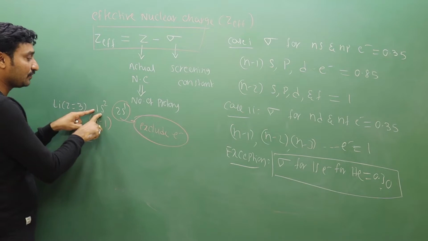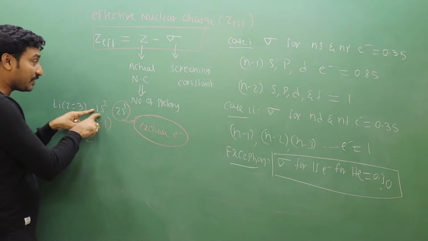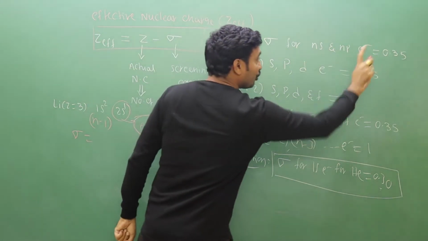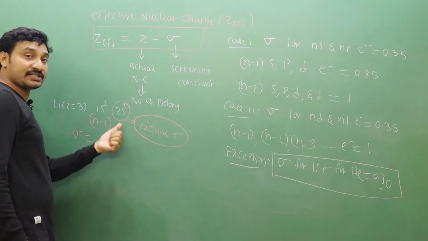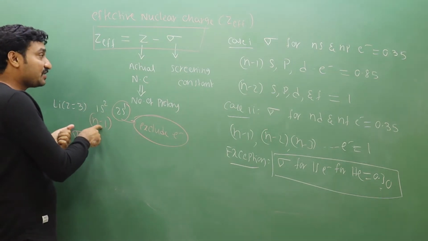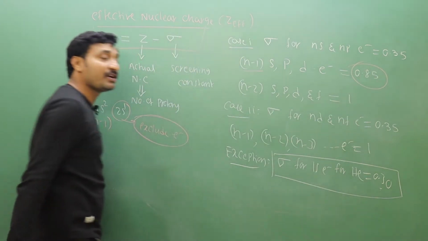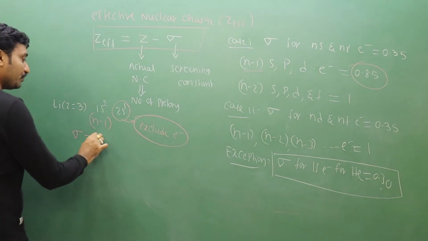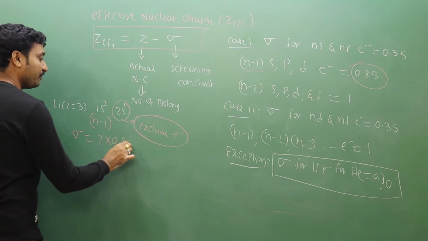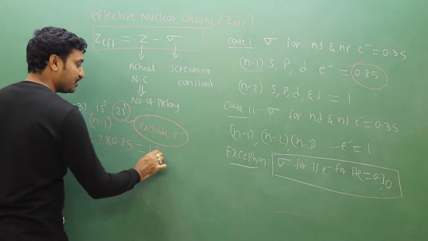1s2 is the n minus 1 shell, and 2s is the nth shell. For the ns electron it is 0.35, but there are no more electrons in the nth shell. In the n minus 1 shell, 2 electrons are present, each 0.85, so 2 into 0.85 equals 1.70.